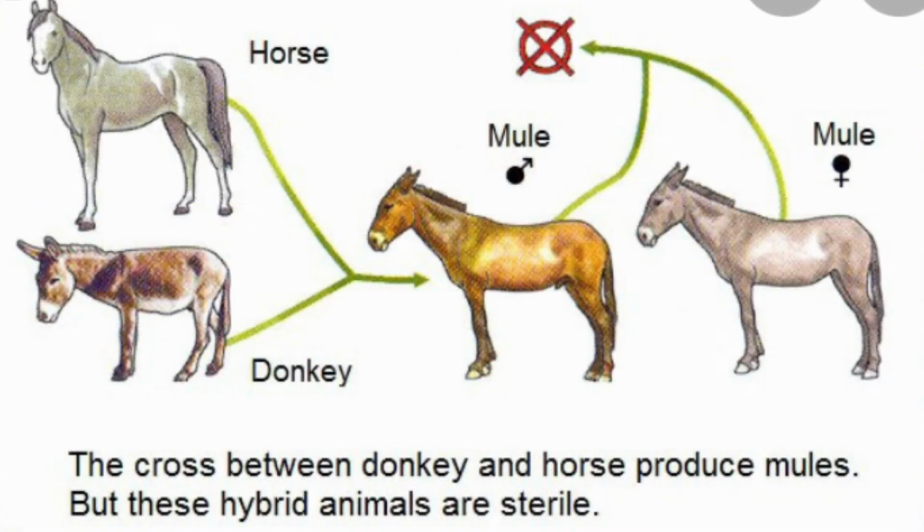So you could put a female horse and a male donkey together and get a mule, but that mule cannot make babies with other mules. So that's called hybrid sterility. You haven't made a new species, because in order to be a species, they have to be able to reproduce with each other. So again, hybrid sterility. The baby will be born and can grow to be an adult, but he will not be able to have babies.